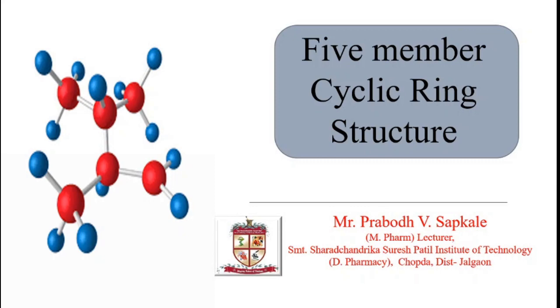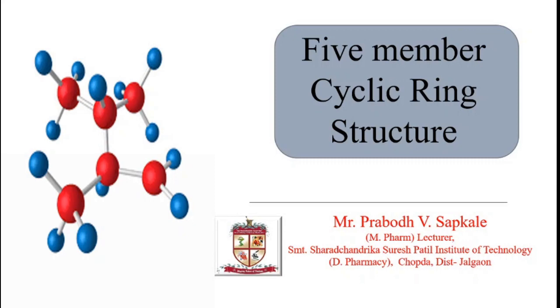In that, first, we learned what a heteroatom is, what heterocyclic chemistry is, the classification of organic chemistry, then the nomenclature of heterocyclic rings, the role of IUPAC in the nomenclature, as well as the numbering of heterocyclic chemistry.